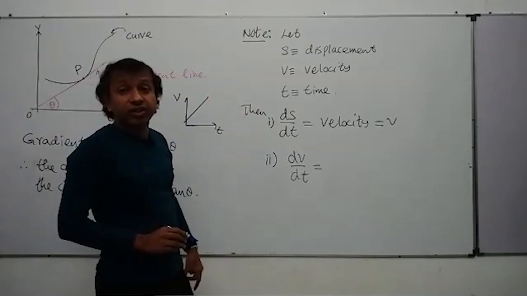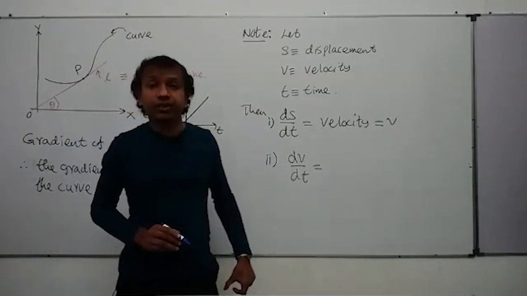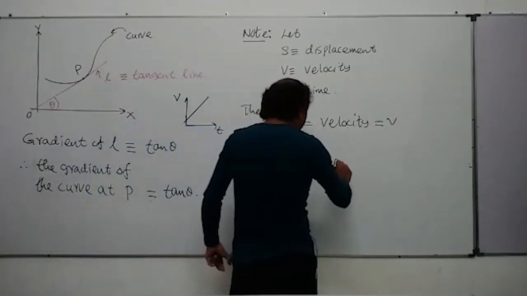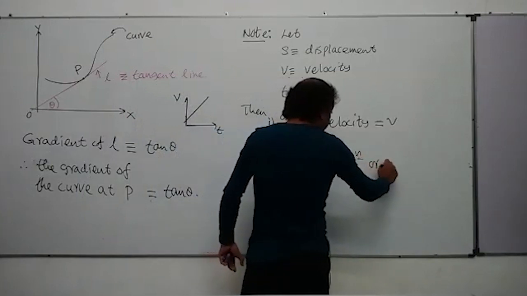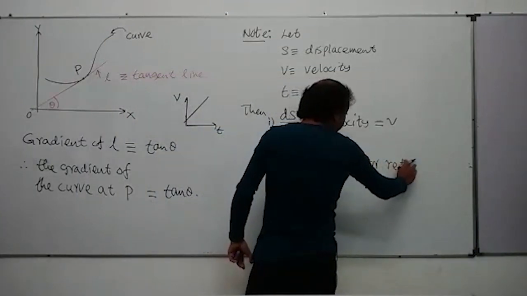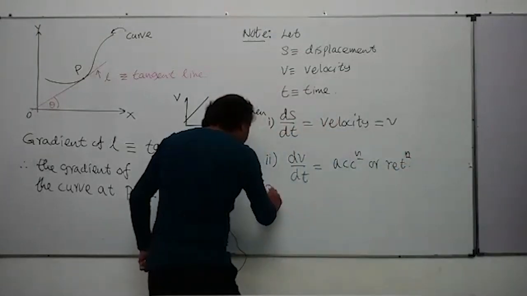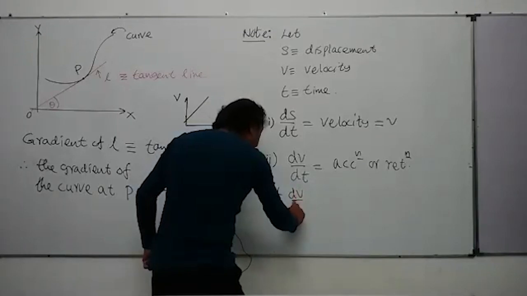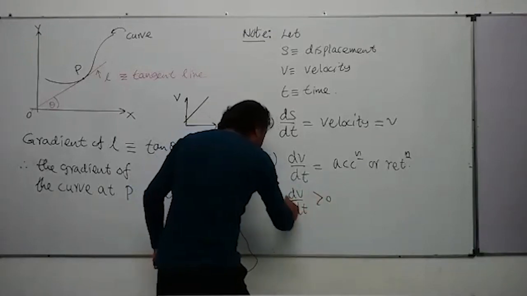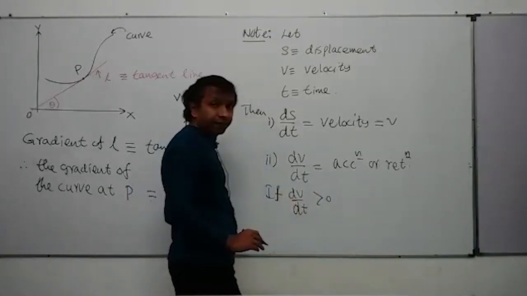Increasing rate of velocity is acceleration. So therefore, this is acceleration, not retardation. If dv by dt is greater than 0, positive, it is acceleration.